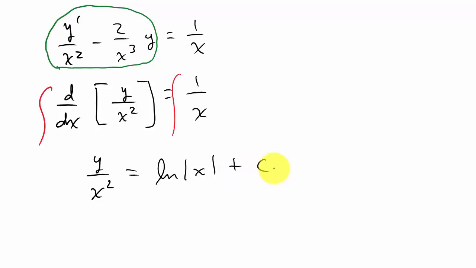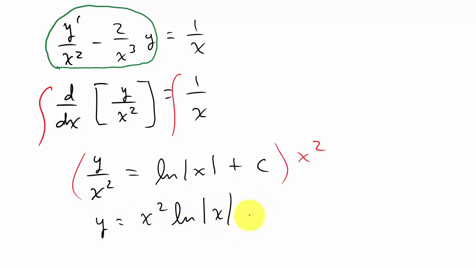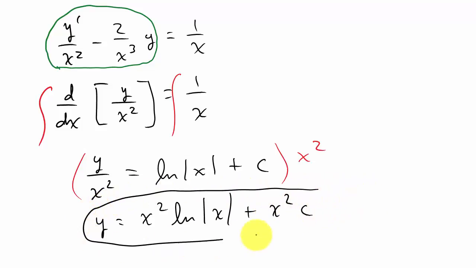Then I solve it for y, so I multiply everything through by x squared, and that gives me y equals x squared times the natural log absolute value of x plus x squared times c. And this would be our answer.